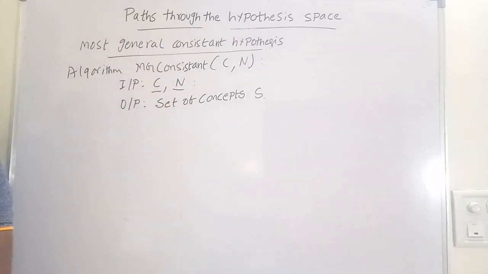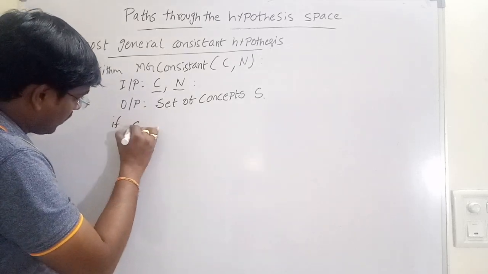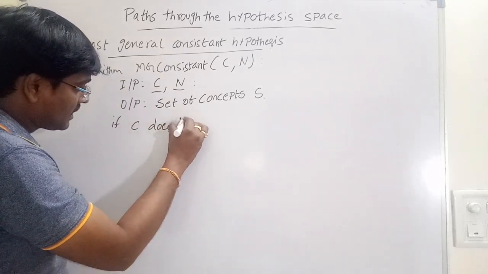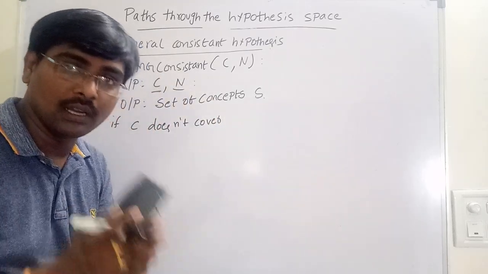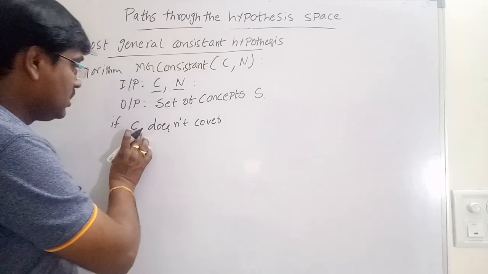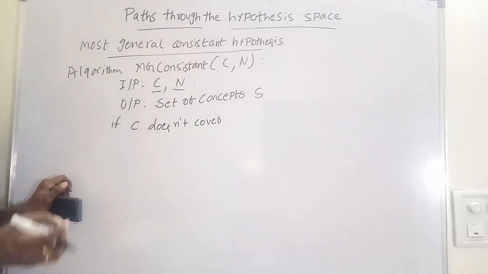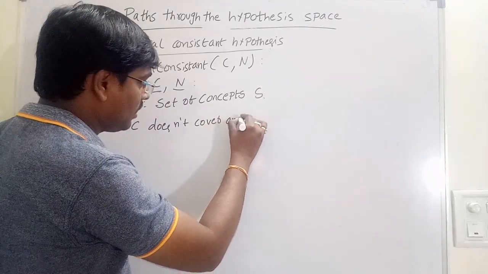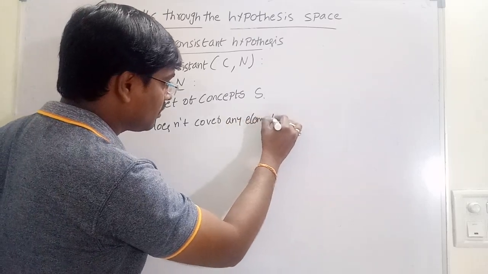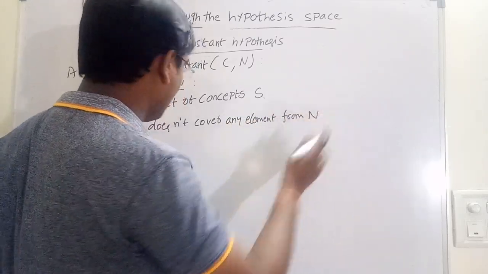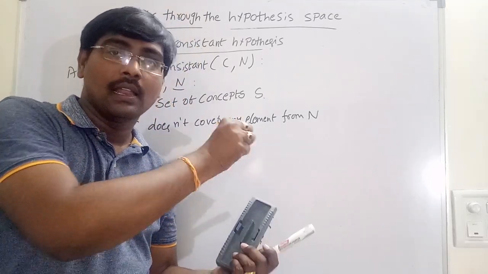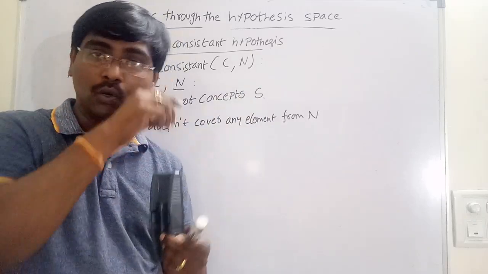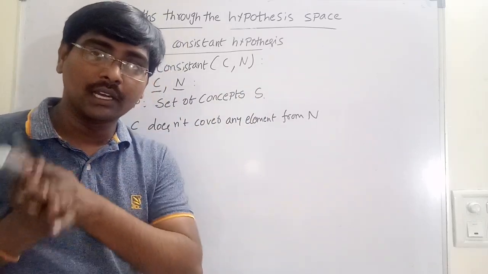Now write the algorithm. If C does not cover any element from N, for example, suppose the concept is: length equal to 3, gills equal to no, beak equal to yes, and teeth equal to many.